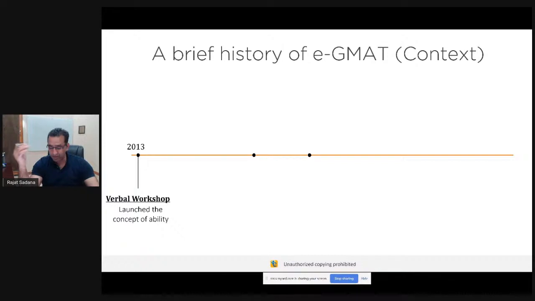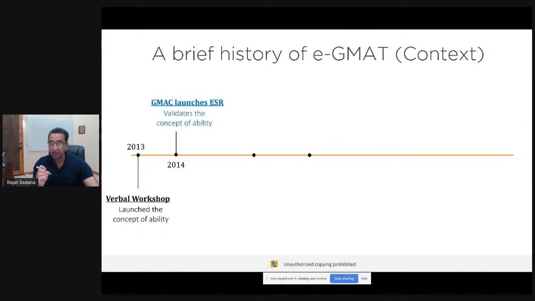So we've been in the business since the year 2010. We officially launched our first product in August of 2010. In the year 2013, we launched what we call a verbal workshop. This was the first ever GMAT product launched with the concept of ability. Now, I'm just going to talk about GMAT scoring in this context, not about some of the other innovations that we did.